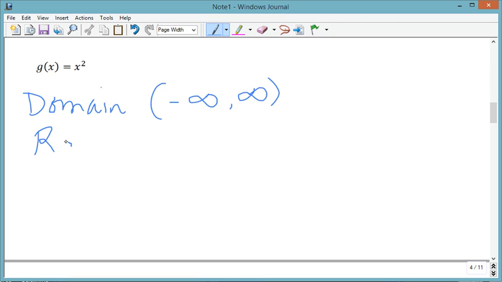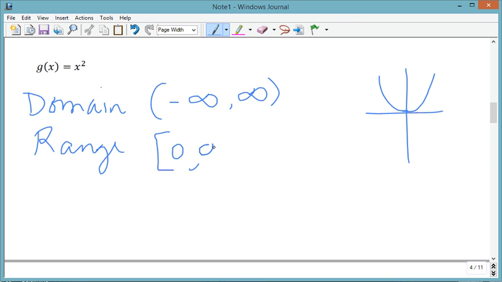The range, we have to think about the graph of this, right? So it looks like this. I never go negative, right? So my y values are only positive, and it can be 0, and it goes up to infinity. That would be the range.